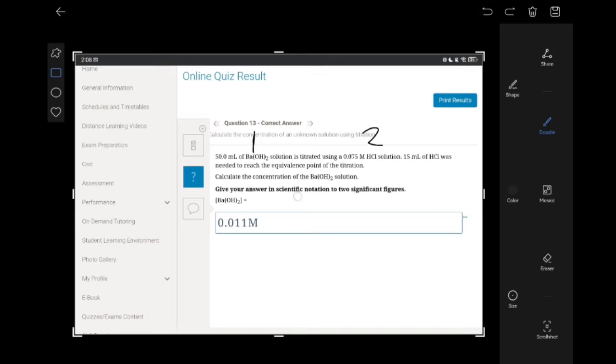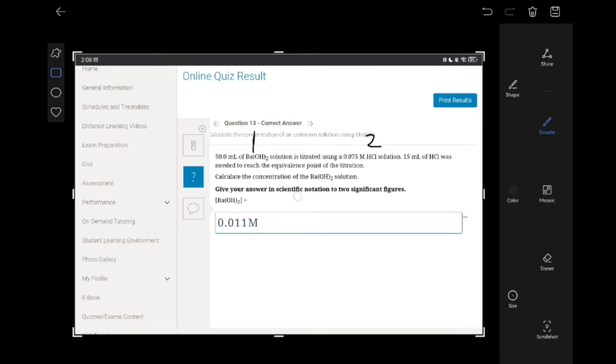So it's 0.075 molarity times 15 milliliters, 0.015 liters, because remember n equals CV.